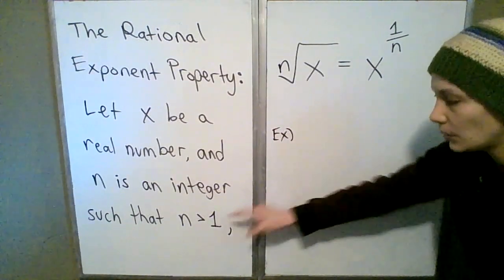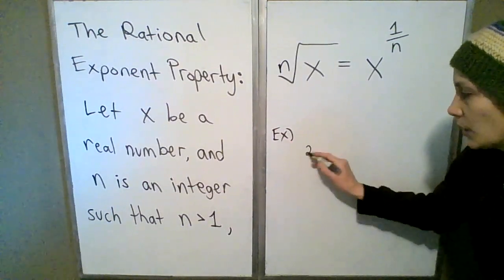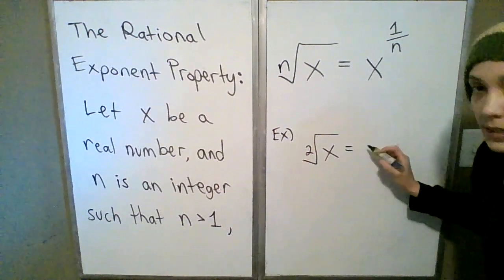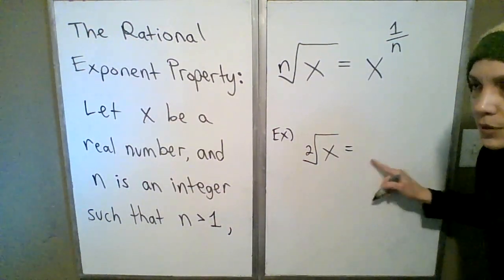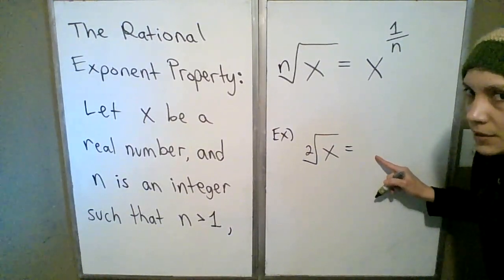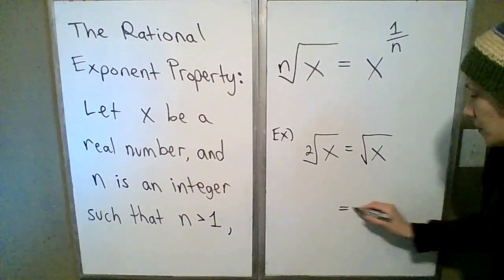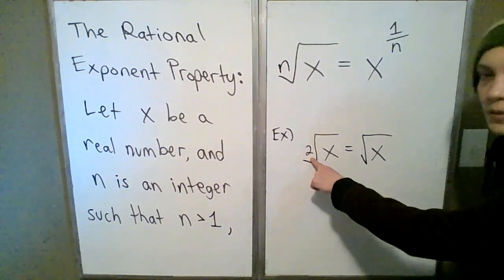Starting at the lowest value of n, which would be 2, the square root of x is also written as just root x. If there's no value in the root, it's assumed to be 2. But back to this part, this would be your denominator. It would be x with a 1/2 power.